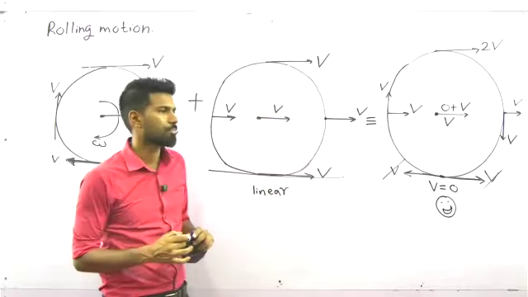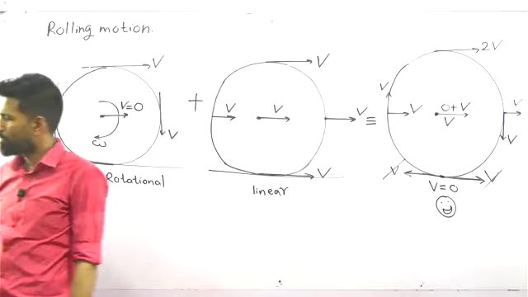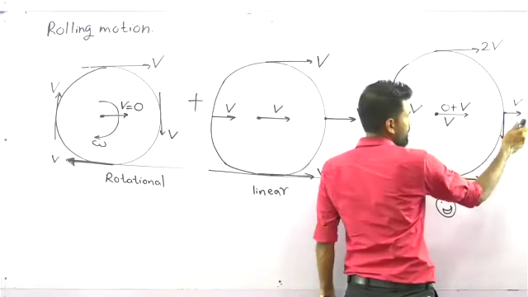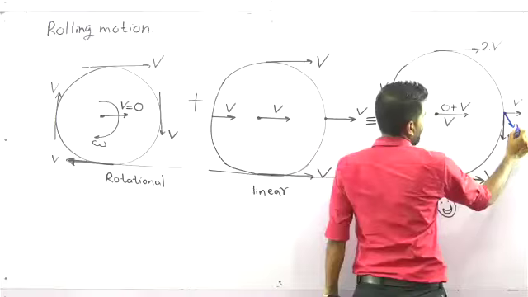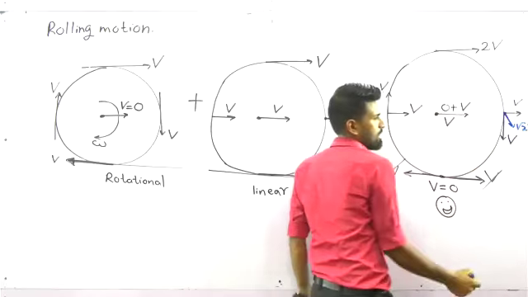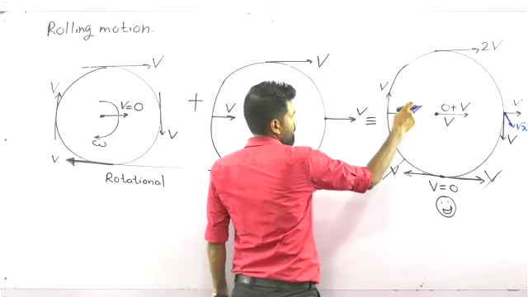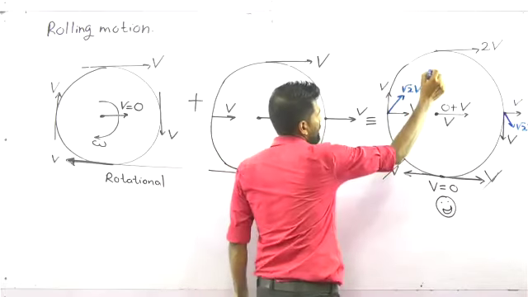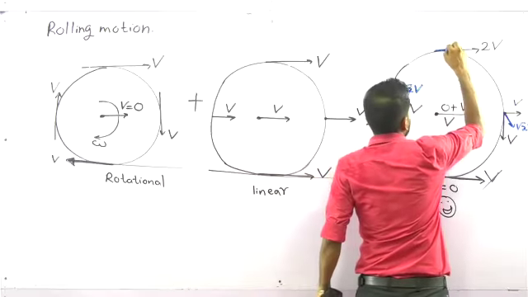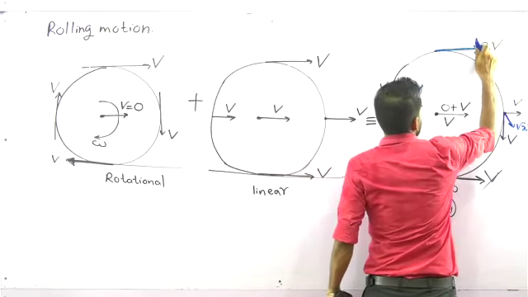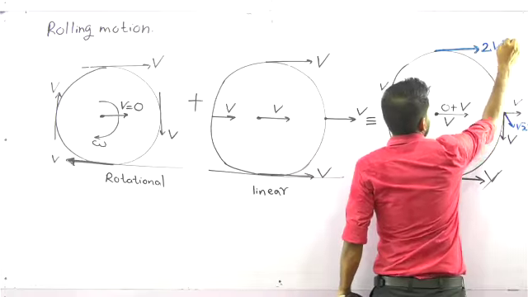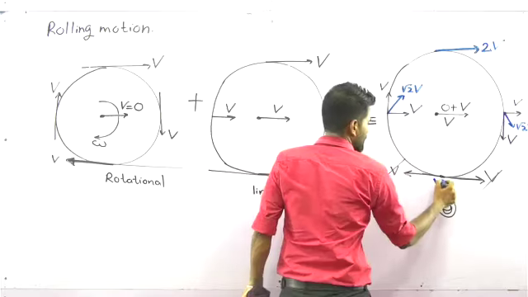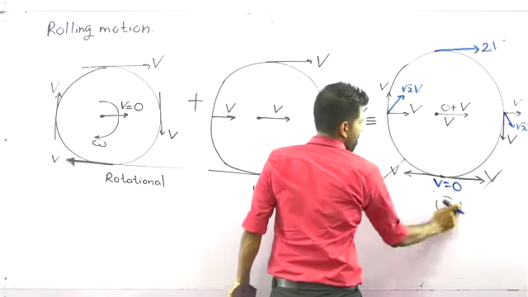Then what else? From the vectors lesson, if you have v and v perpendicularly, you know the answer. Actually, it's root 2v, the real case. Here, v and v in the same direction, it's 2v. Here, the v's are cancelled and it's 0.